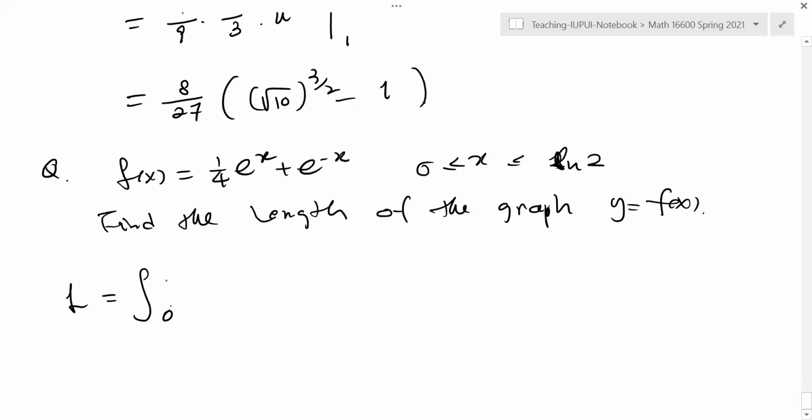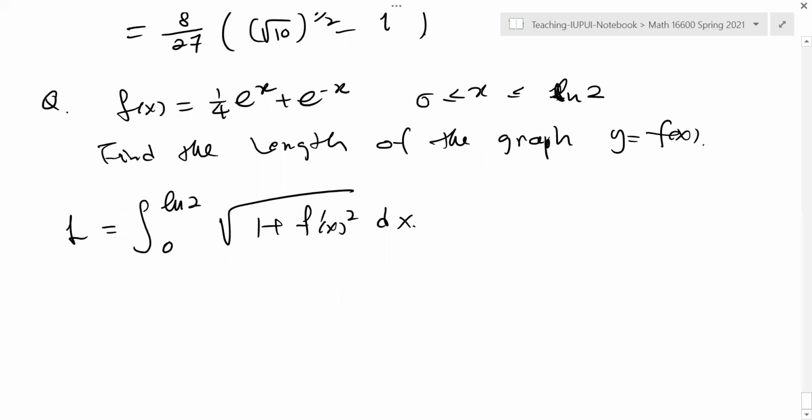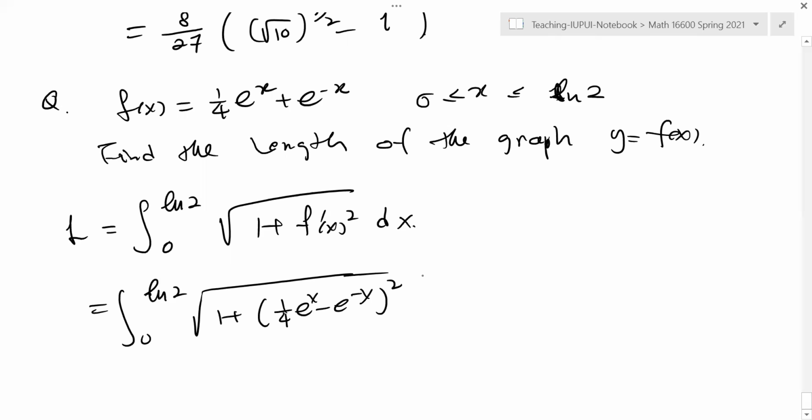It's from 0 to natural log of 2, and that is going to be the square root of 1 plus f prime of x squared dx. Then you differentiate, so you get the square root of 1 plus a quarter of e to the x minus e to the negative x, squared.